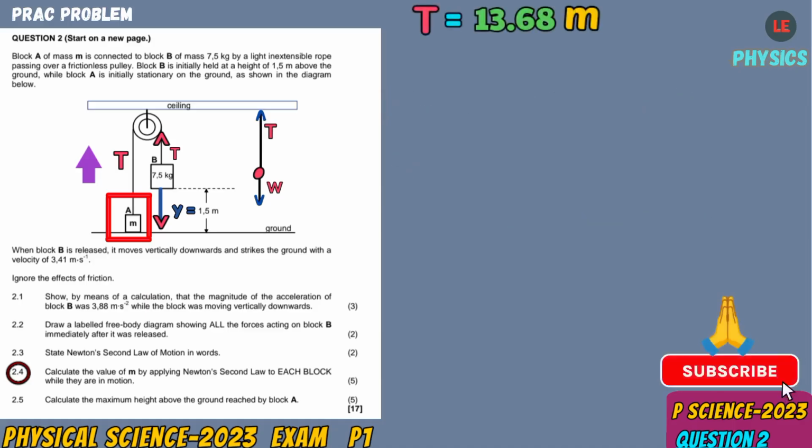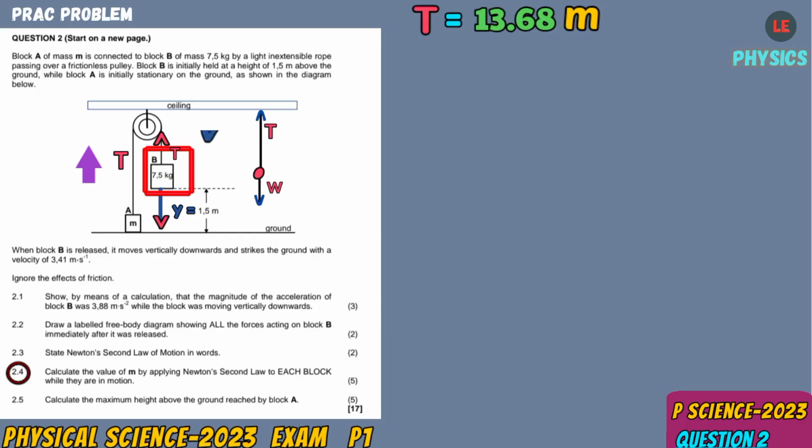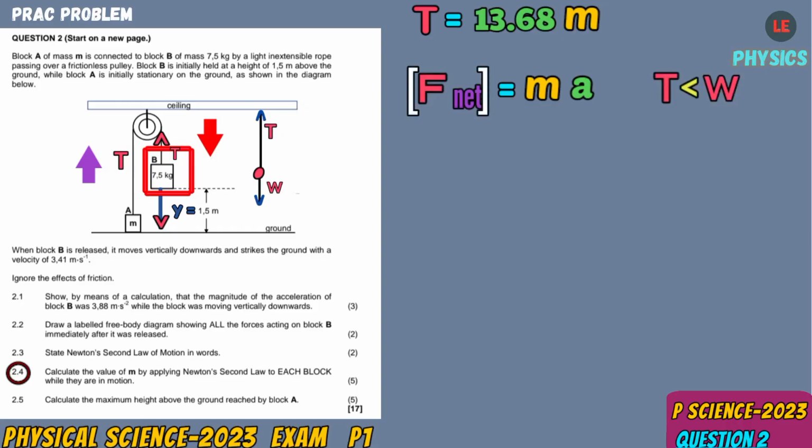Let us minimize the number of unknowns from this equation by calculating the tension using this block B, because tension on this side is the same as this side. We apply Newton's second law of motion. On this block B, the weight force is greater than tension, which means that net force on this block B is made of weight force minus tension force.